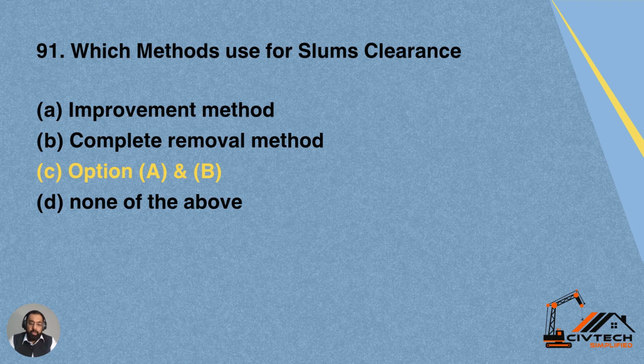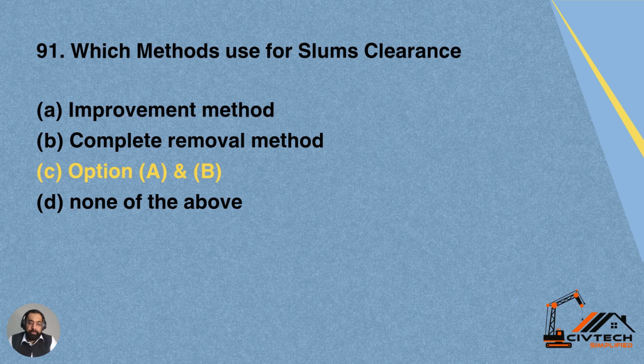Question 91. Which methods are used for slum clearance? So we are again here in the town planning side of the building planning. Questions are relating to the slums and neighborhoods and town planning. Number A, improvement method. Number B, complete removal method.